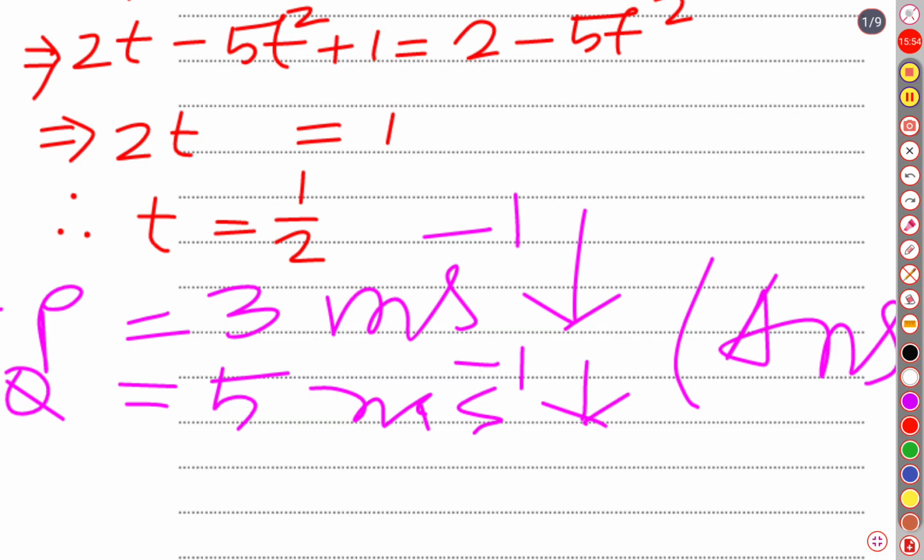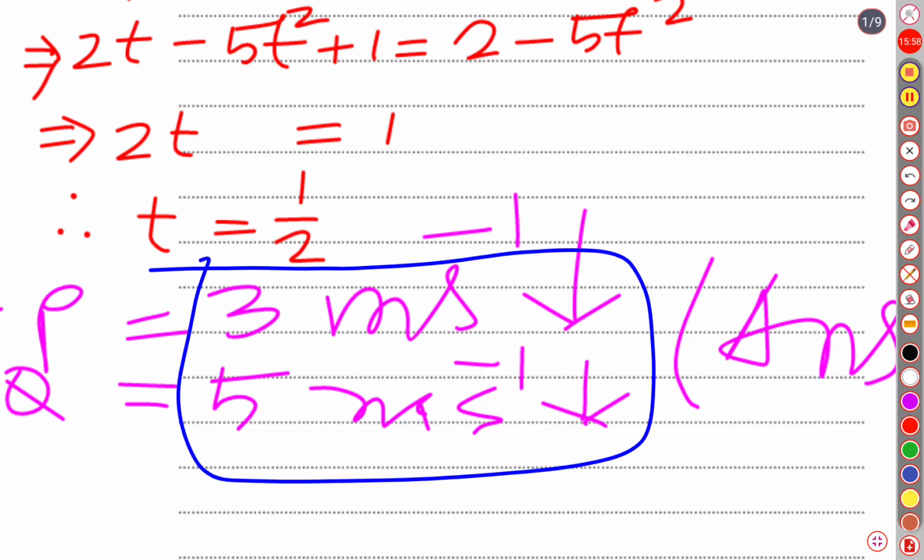Both of the particles are moving downward, so their direction is exactly the same. The velocity of particle p before collision was 3 meter per second, whereas the velocity of q before collision was 5.